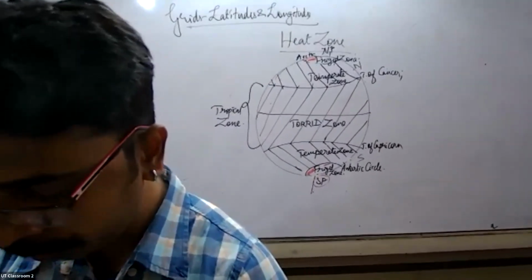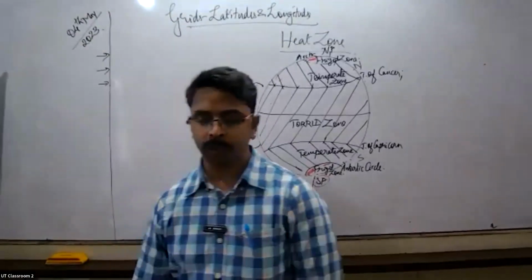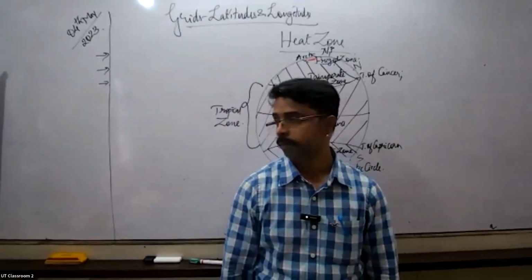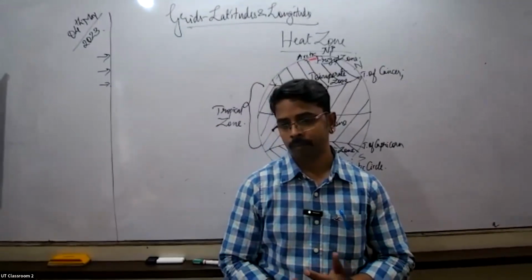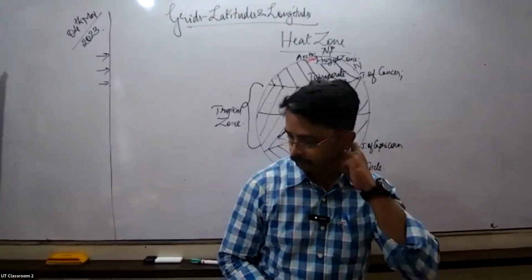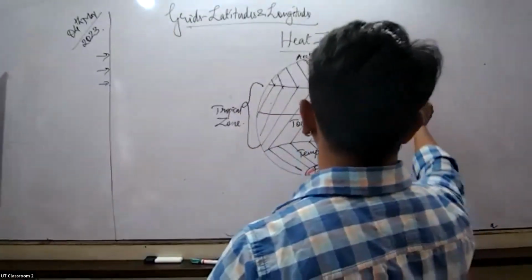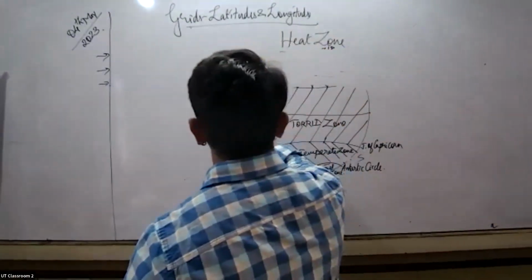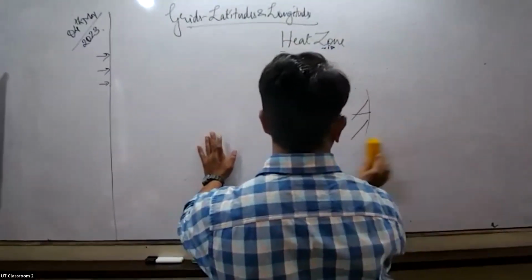These are the two frigid zones. Underline the word frigid zone. Then put the heading lines of longitudes.